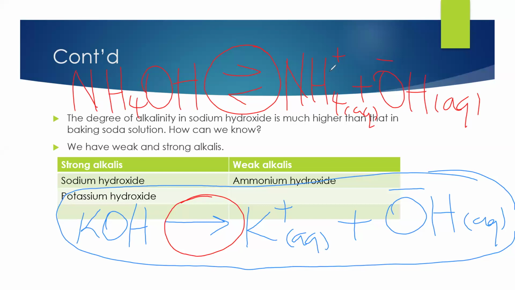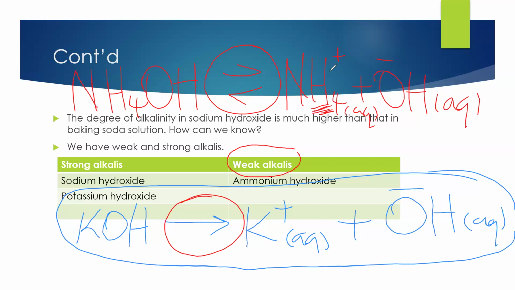So I said when we are dealing with weak acids or weak alkalis, we use these reversible arrows because some of the hydrogen ions remain within the other part of the compound. So that means this reaction can be reversible. Here we have the hydrogens which would have gone with the hydroxide also remaining as positively charged.